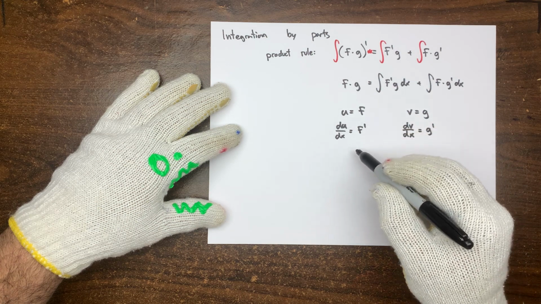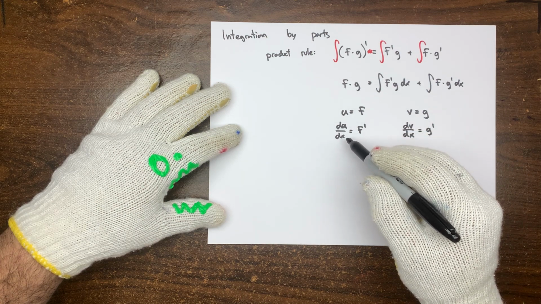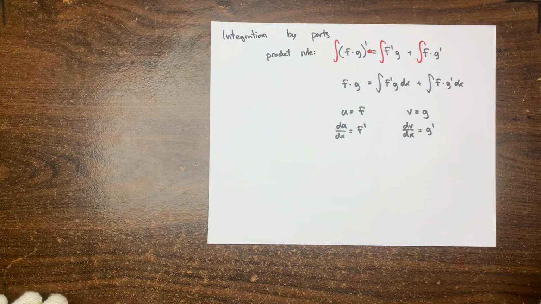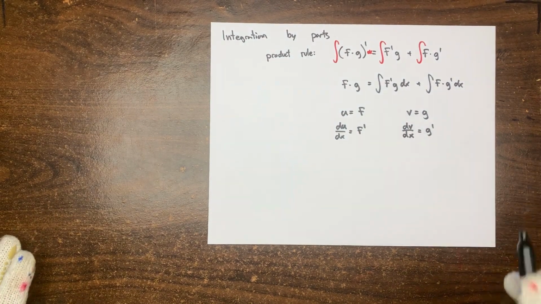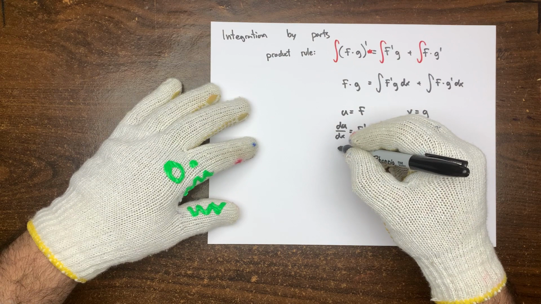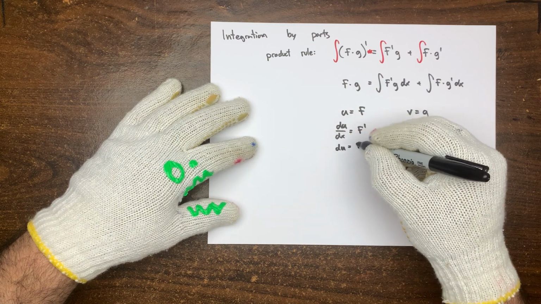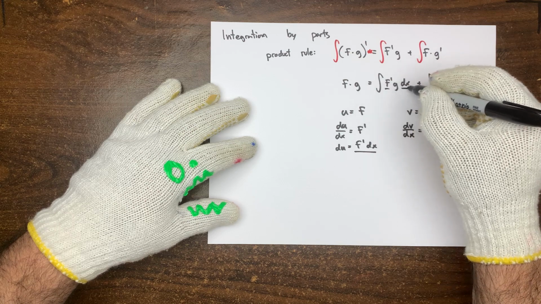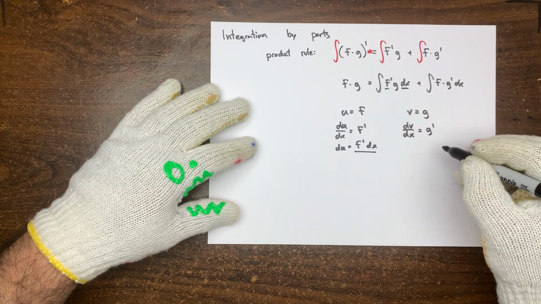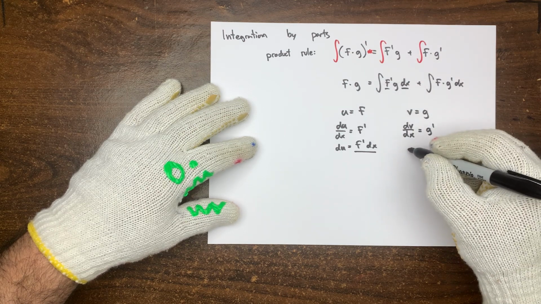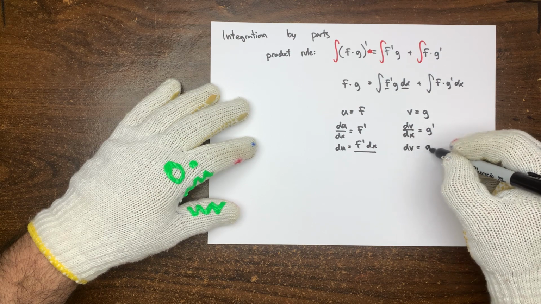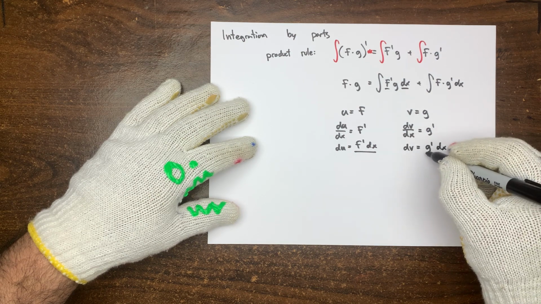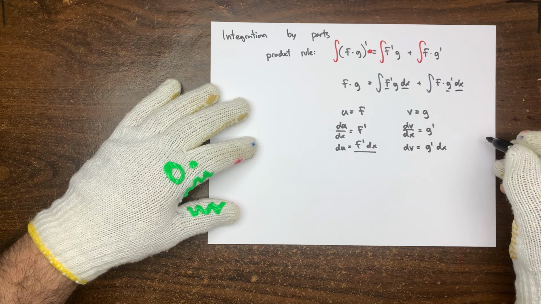Let's just solve for the dx's here, or du here. So du is equal to f prime dx. Oh, I've seen that before. It's right here. Great. And then same with this one here, dv is equal to g prime dx. I've seen that as well right there.